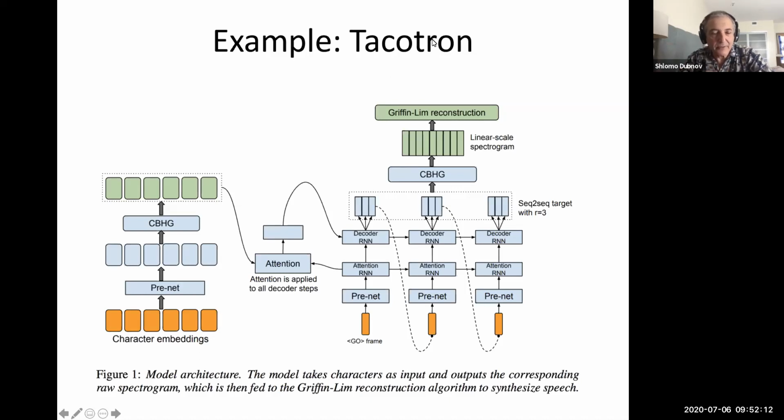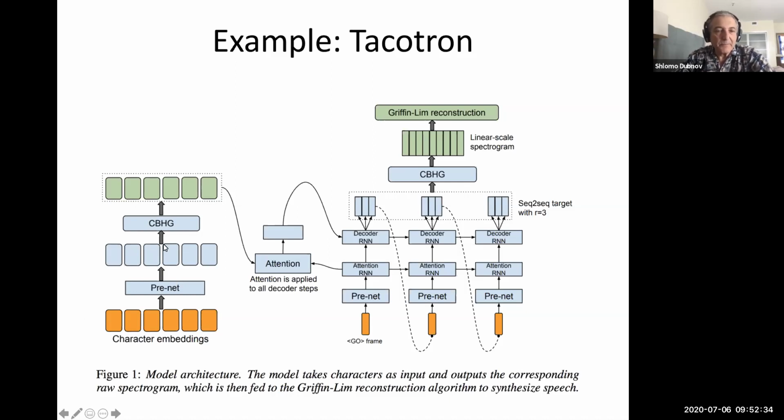This is the initial Tacotron. Now you have Tacotron 2 and other models, but the point I want to show here is not the network itself, which is something we'll talk about maybe later when we start talking about how you go from text to speech. But the idea in text-to-speech systems is that you have a sequence of characters, basically your text.